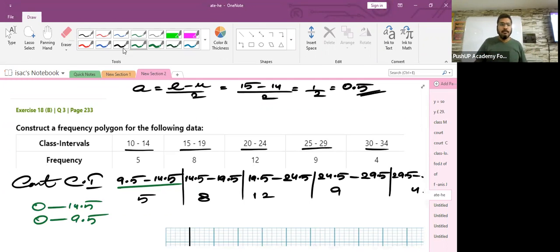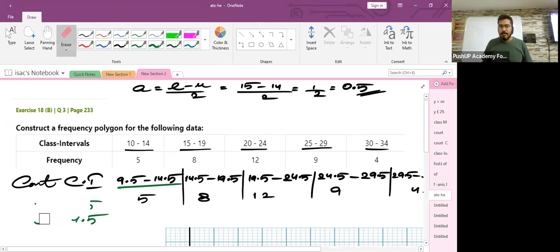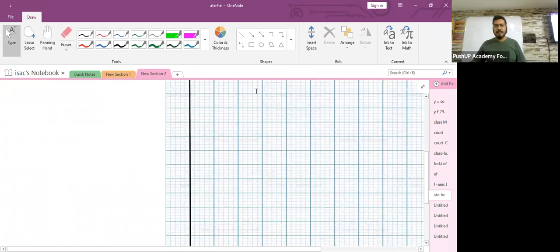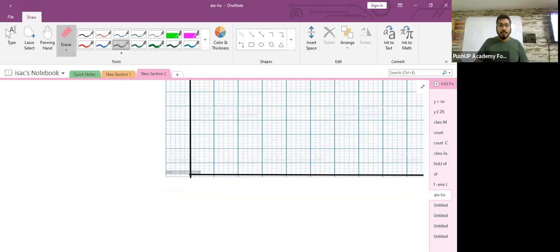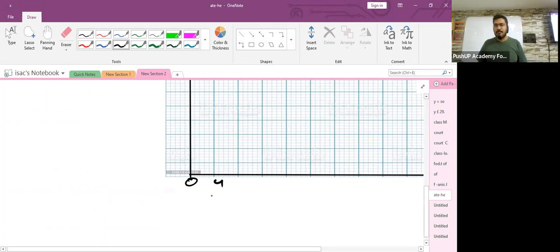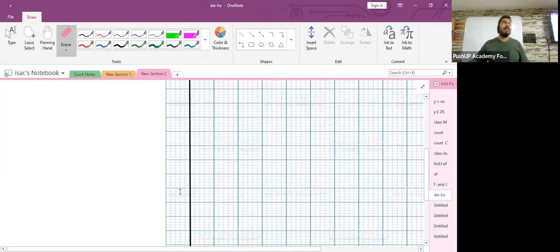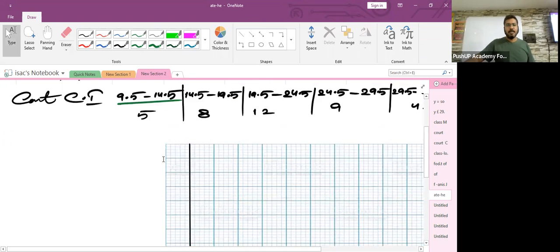Keep that in mind, because in the previous question we had started with 0 to 4, so that is why we had started from that point. But in this case, we cannot do that because we have no clue what is happening in the class interval 0 to 9.5.